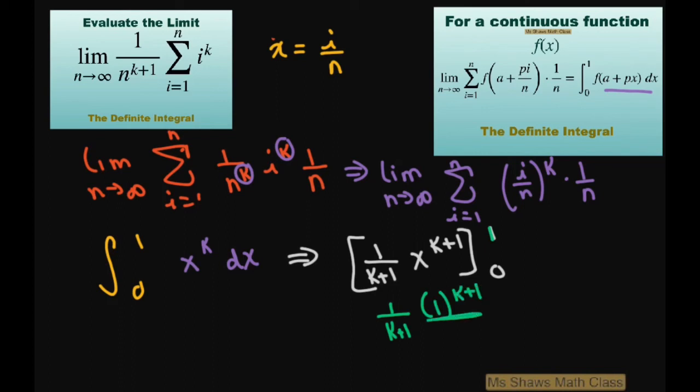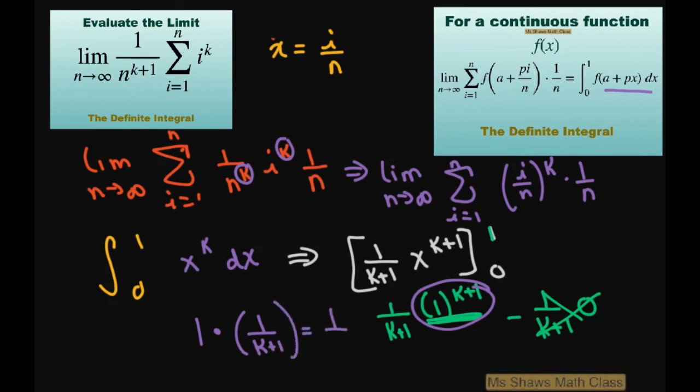So this is just going to equal 1 divided by k plus 1 minus the same expression with 0, basically. So this goes away. And all we have to do is look at this, and this equals 1. So you get 1 times 1 divided by k plus 1, which equals 1 divided by k plus 1.